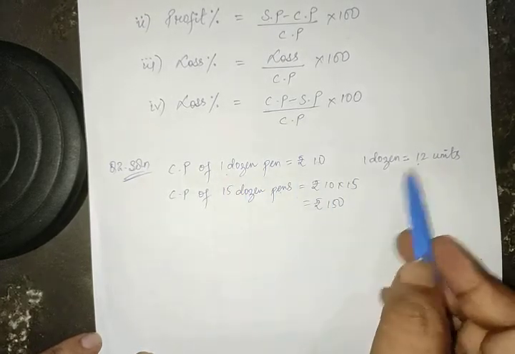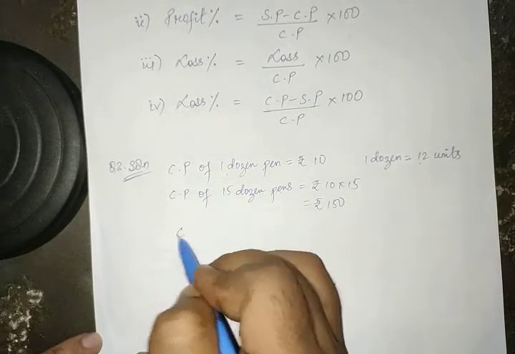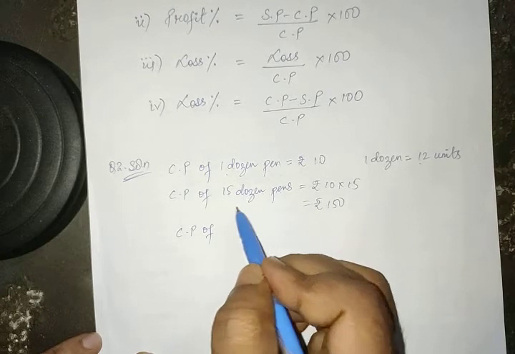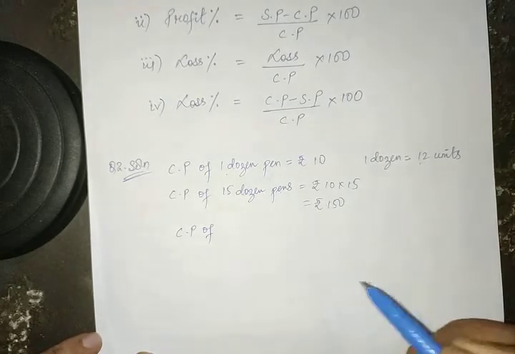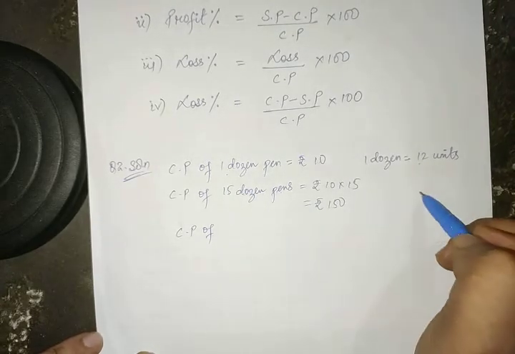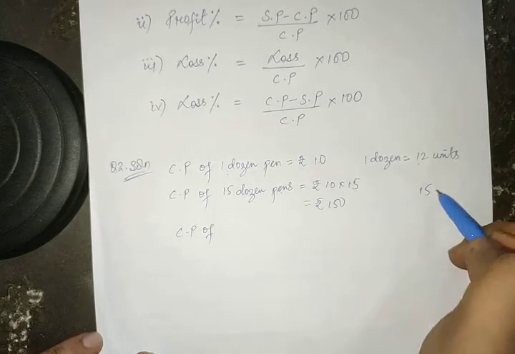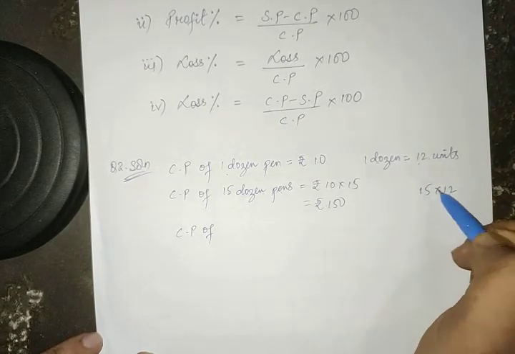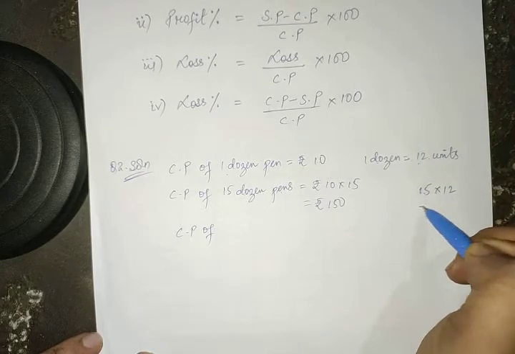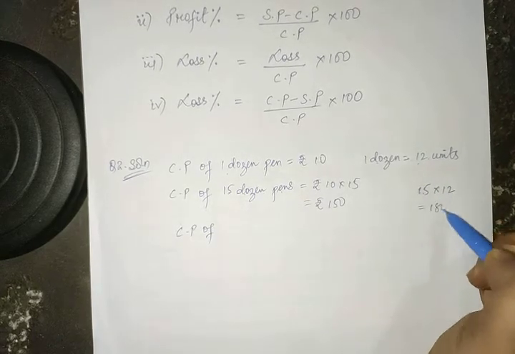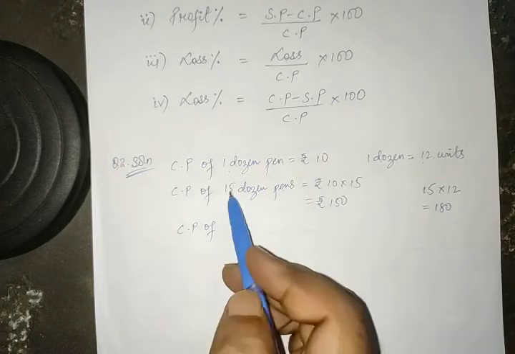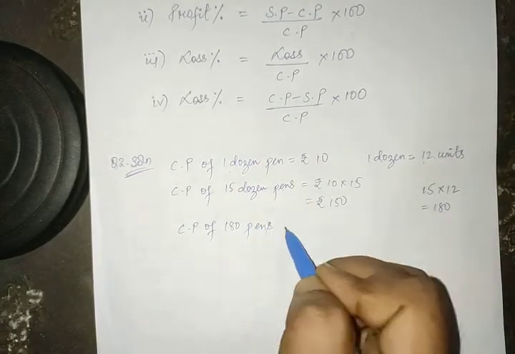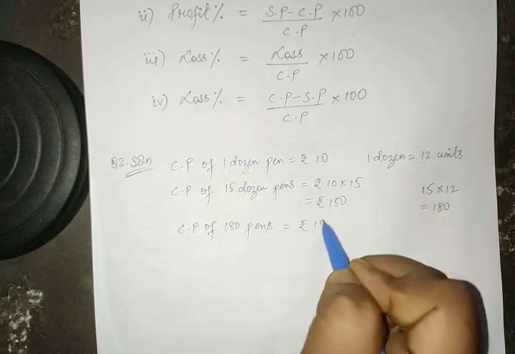If 1 dozen is 12, you have to multiply 15 with 12, so 15 into 12 is 180. So in place of 15 dozen we can write cost of 180 pens, that is rupees 150.